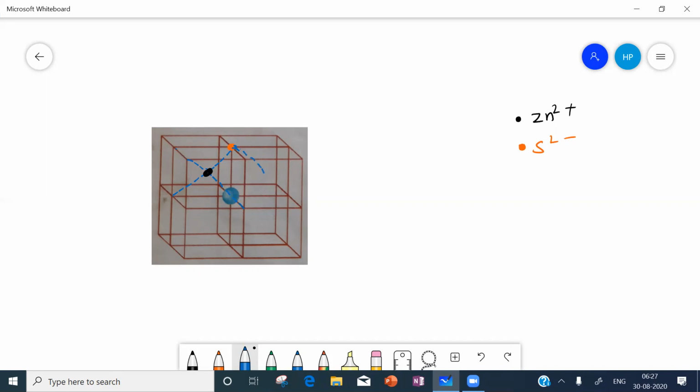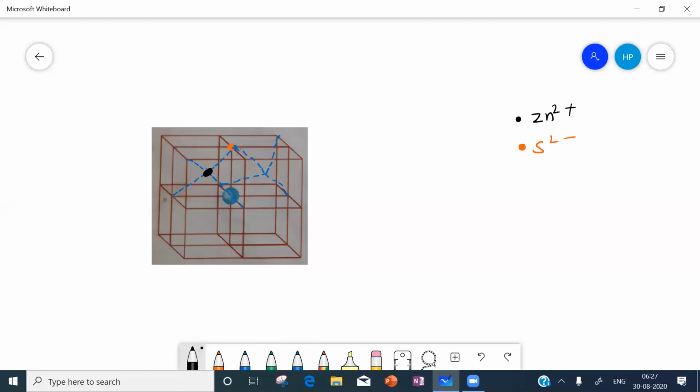From this we will go to face centers. One face center is here, this back side face center. Another face center is this right side face center. The next one is the corner. Corner is here. Now we got a tetrahedron.